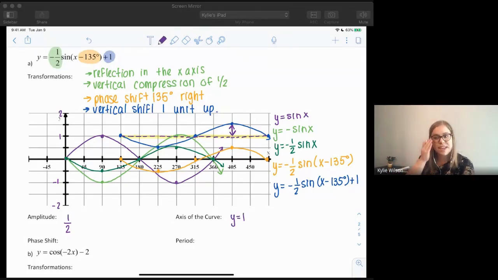Then my phase shift. Phase shift is the same as my horizontal shift. It's just with periodic functions, that's the terminology we use. So in this case, we went right 135 degrees. And then the period is how long it takes for our graph to complete one full cycle. So we start at 135 and we end over here.